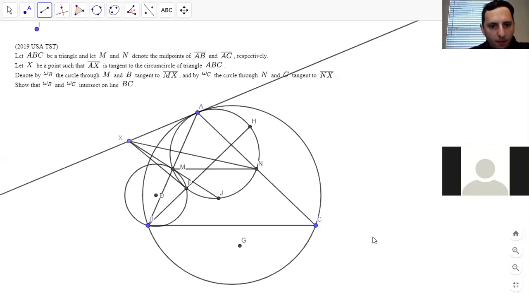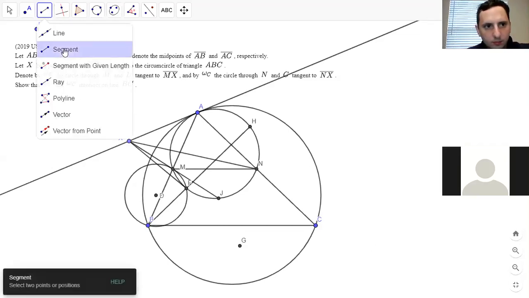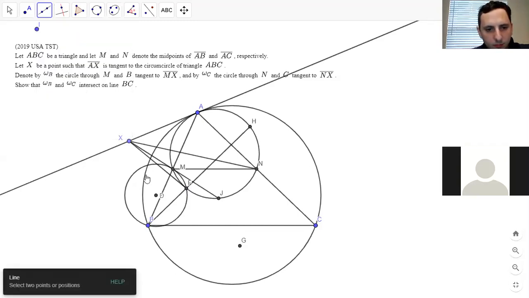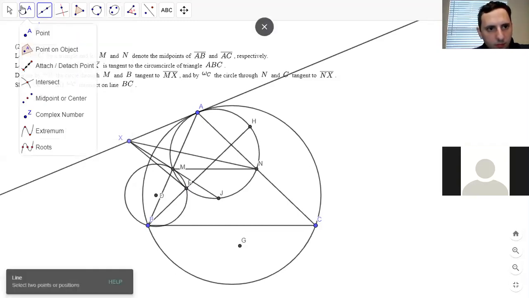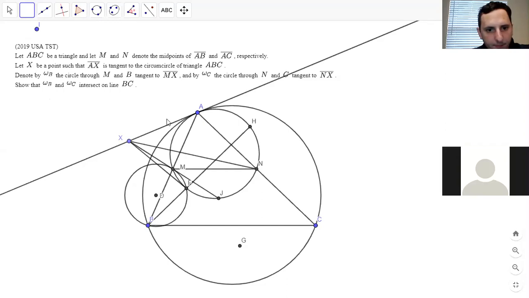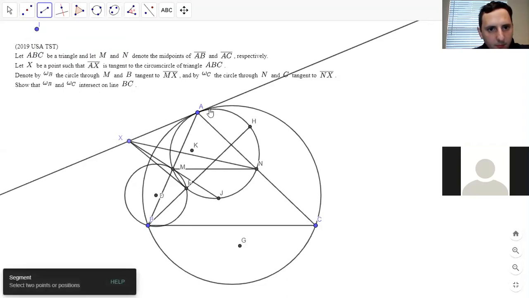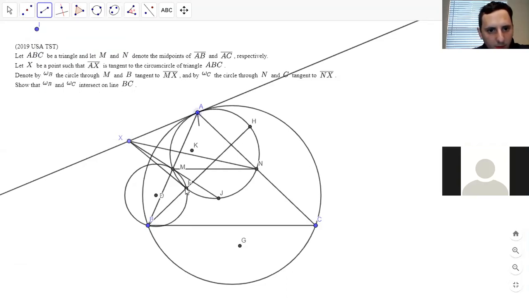Let's define D, the midpoint of AF? Yes. Oh, I think actually that solves it.